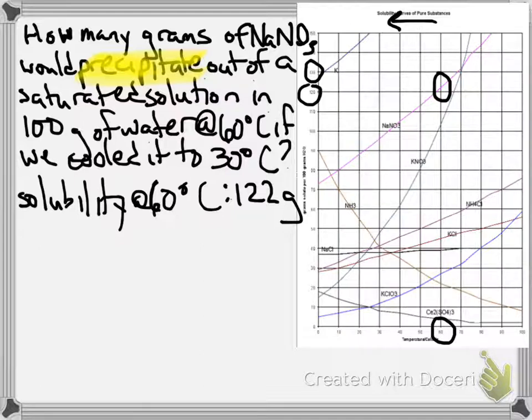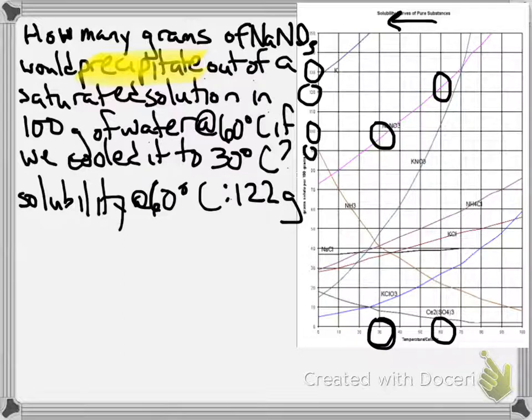So we're going to find the 30 degrees Celsius mark. You'll notice that that's right here. We're going to go all the way up the curve, and at 30 degrees Celsius, we notice that the solubility is considerably less. I'm going to estimate, because it's halfway between 90 and 100 here. I don't want to clutter this screen up too much, but it's about halfway between 90 and 100, maybe a little more than halfway.